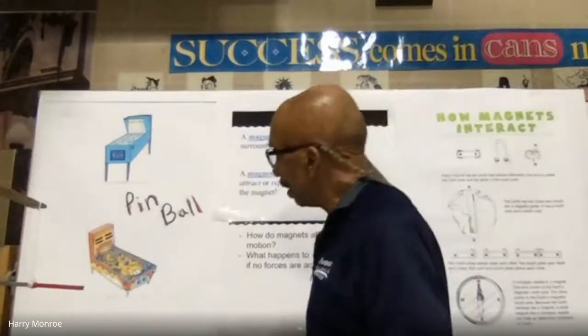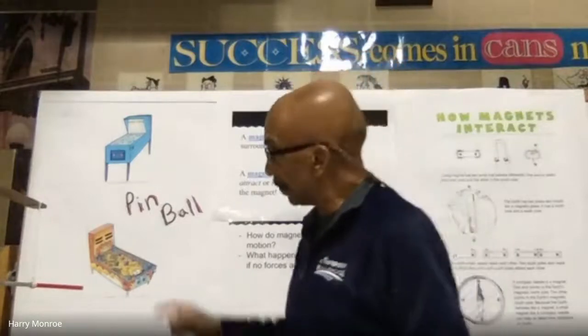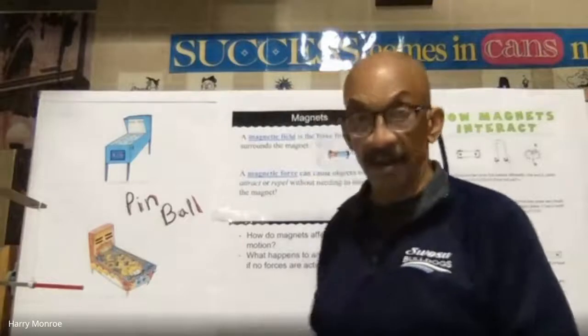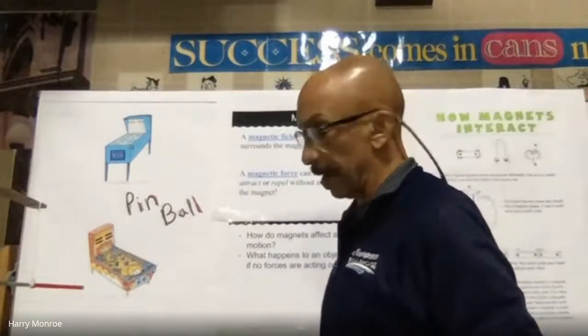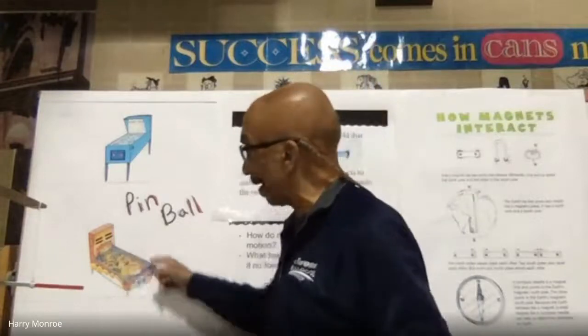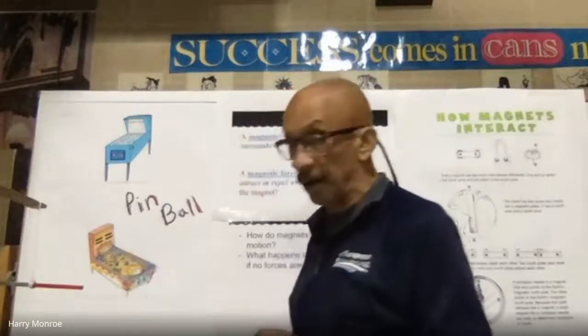Well, it wasn't until later on I found out that embedded in the scheme of that pinball machine, there were magnets. And because steel has a little bit of iron in it, what we had was a lot of unbalanced forces going on.